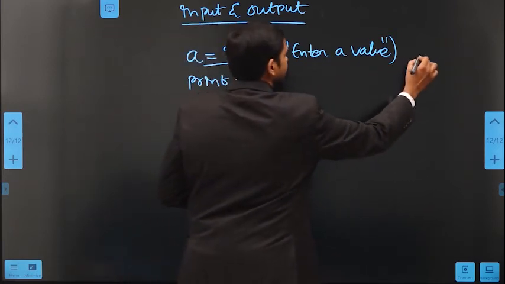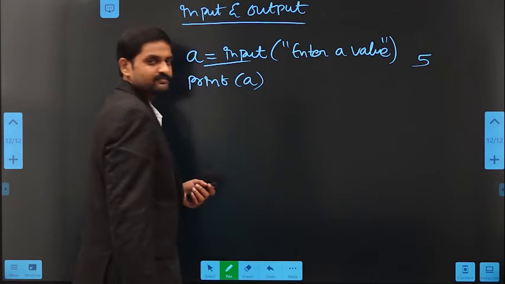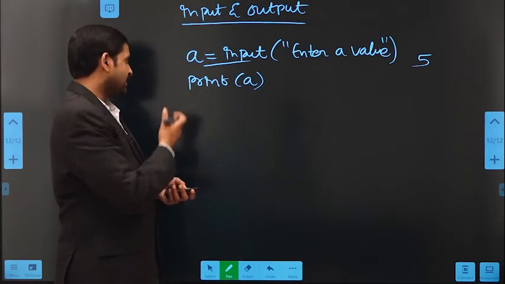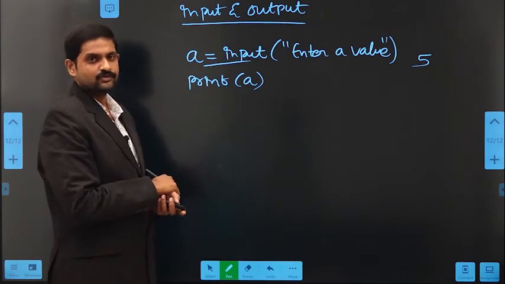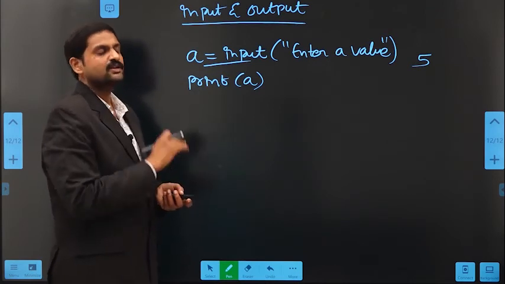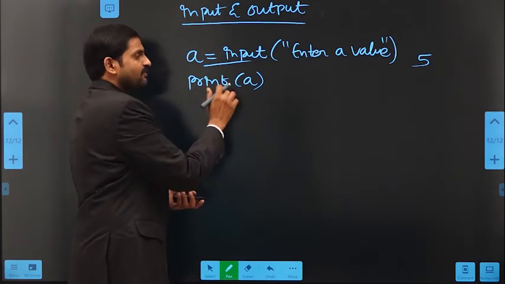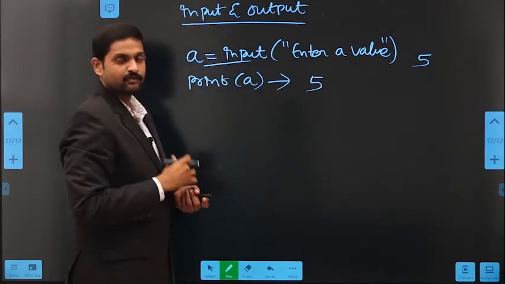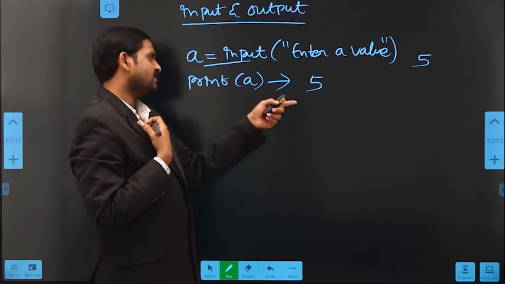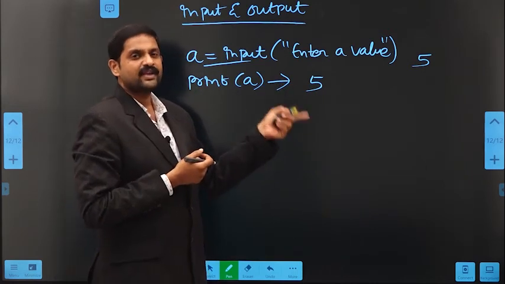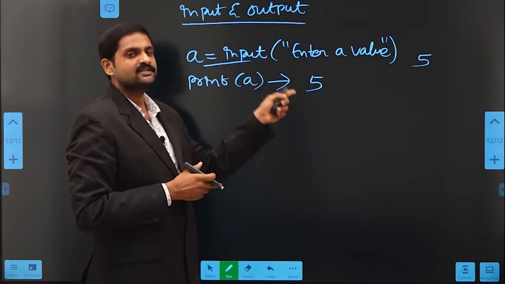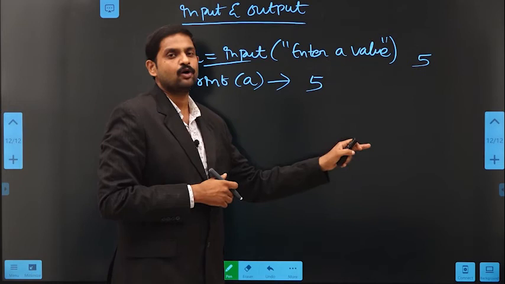Suppose the user entered the value 5. Okay, is it an integer or a string? Typecasting was not done, so that will be considered as a string only. Print of A. What does it print? 5. By seeing that 5 physically, we can understand that it is an integer, but the system considers that one as a string only.